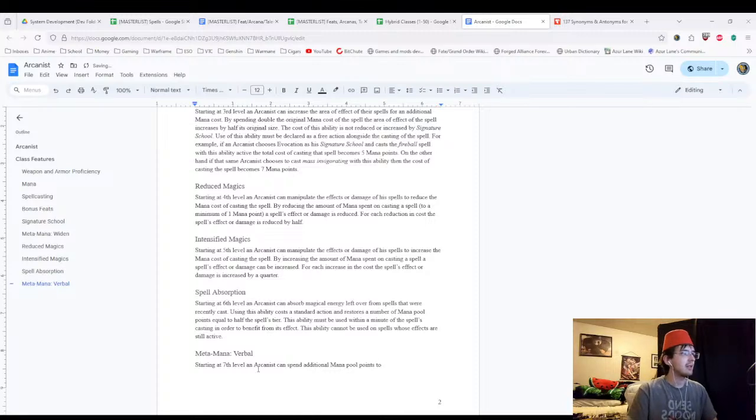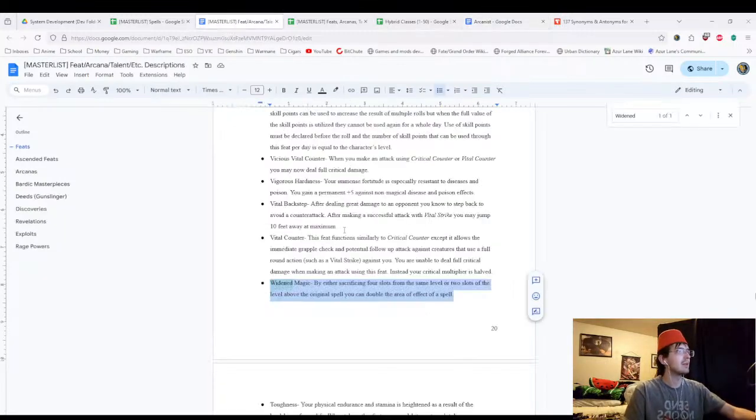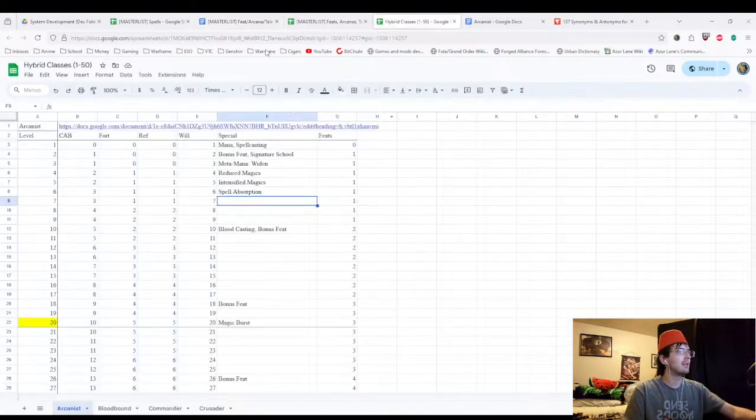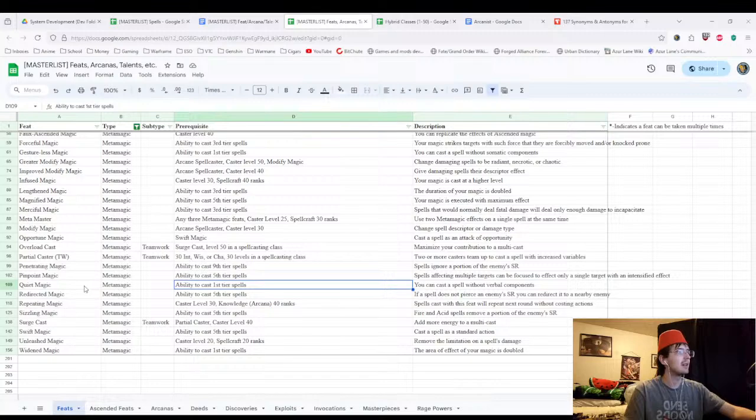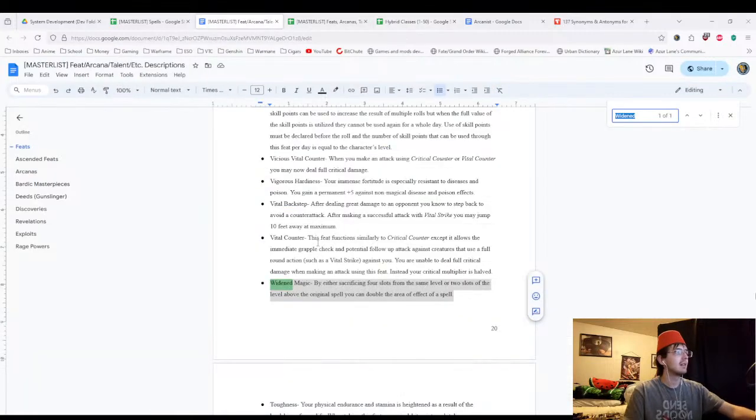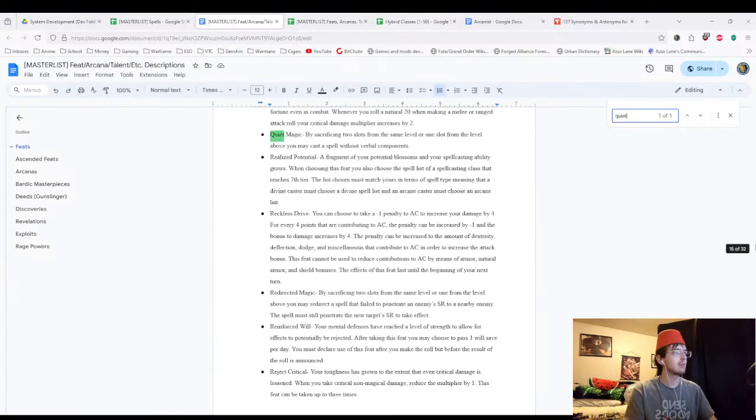It says can spend additional mana pool points to cast without verbal components, and this is where we need this. What is the verbal one called? I don't remember. Quiet magic. So quiet magic is just 2 slots.